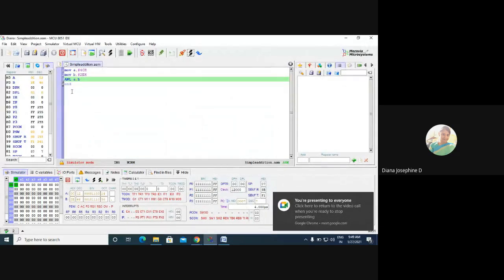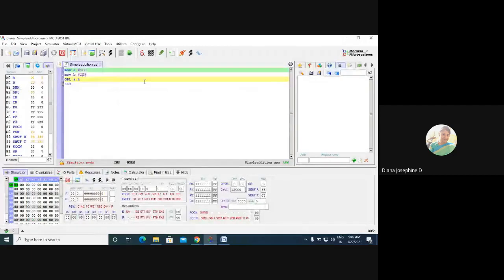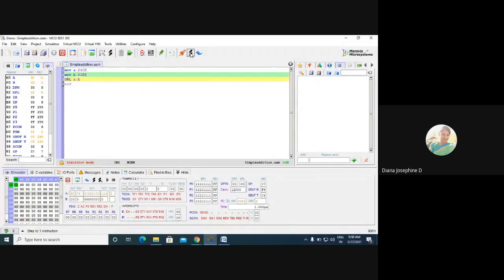So next is OR operation. For OR, the mnemonic is ORL A, B. One of the inputs is 4C and the second input is 2E, and the output is 6E. When you OR 4C and 2E, you will be getting 6E. You can manually work it out and check the result.